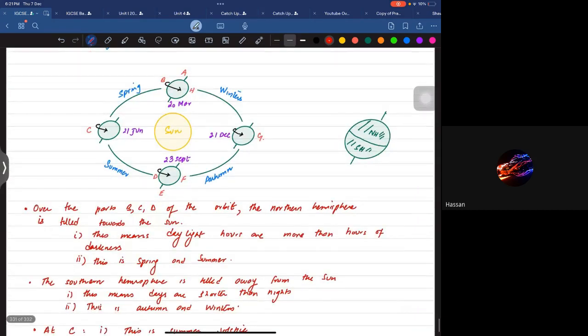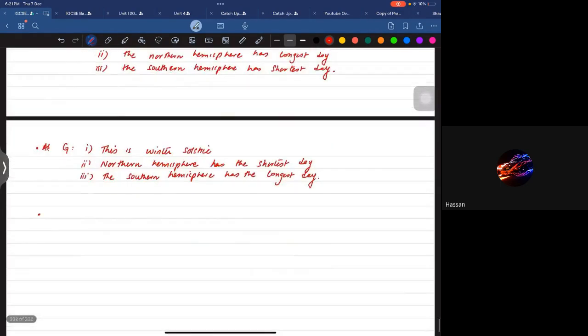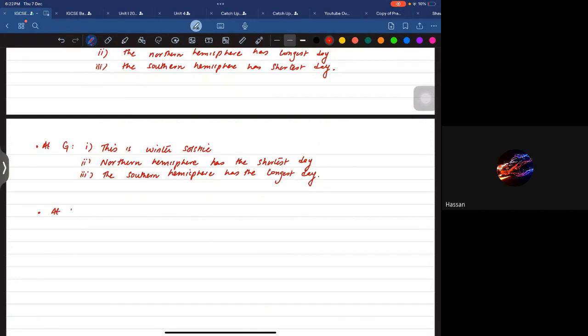Now we're going to move towards A and D, which are above and below. Let's look at that. So on 21st March and 23rd September, which is at A and D, day and night are equal in both hemispheres.